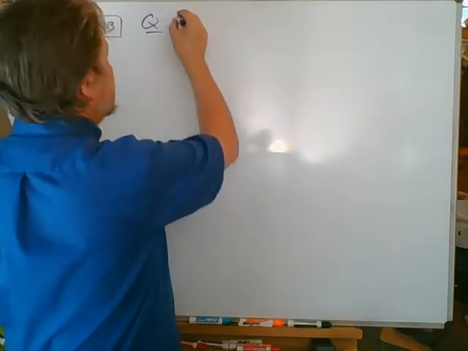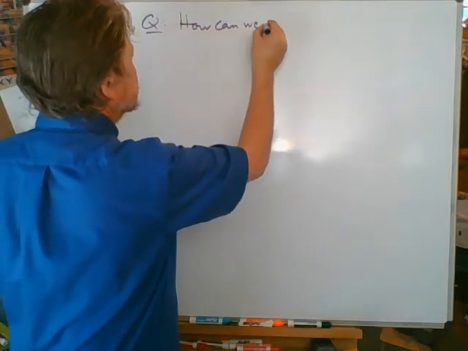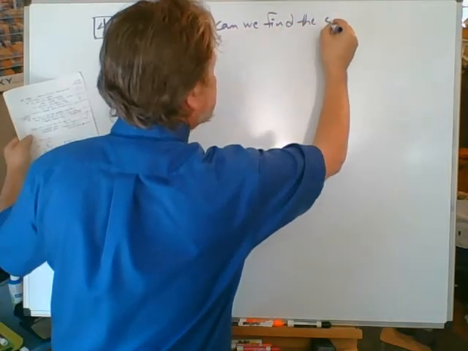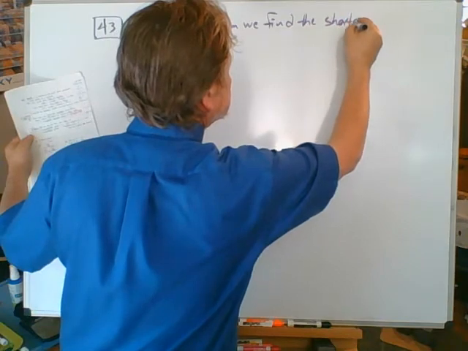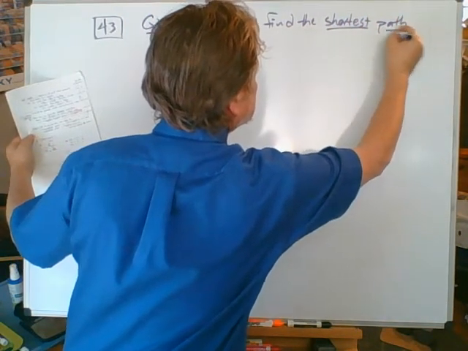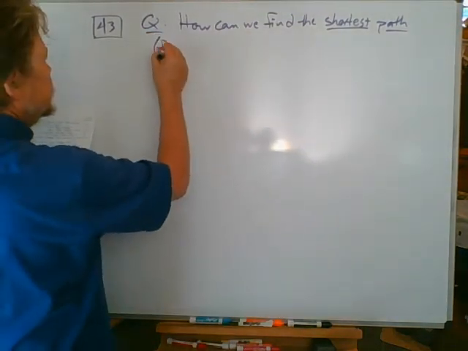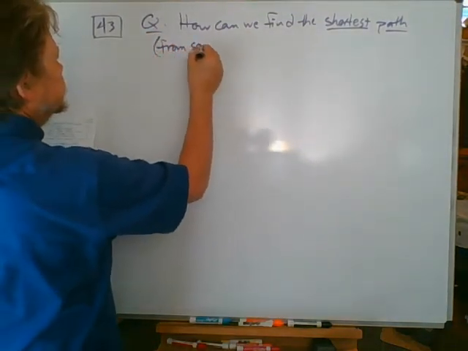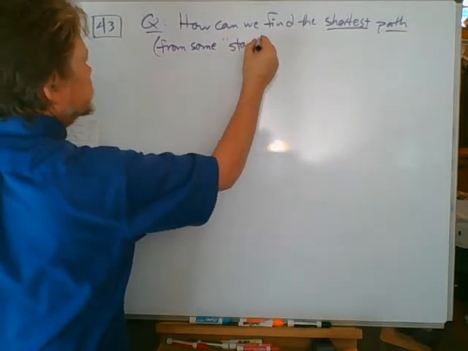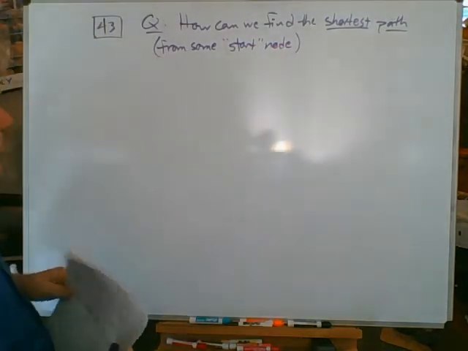How can we find the shortest path from some start node, I'll put in parentheses, so we start by picking a start.